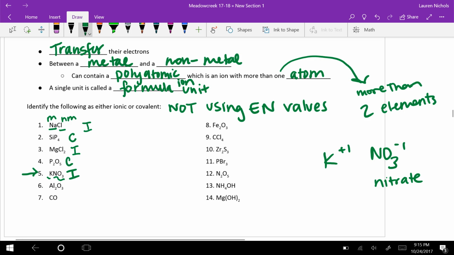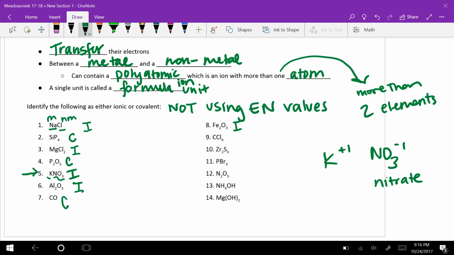P2O5 is going to be covalent, based on the fact that they're both nonmetals. If we look at aluminum and oxygen, we know that aluminum is a metal, oxygen is a nonmetal, so we have an ionic compound. Number 7, carbon and oxygen are both nonmetals, so it's covalent. Number 8, iron and oxygen, metal, nonmetal, so we have ionic.